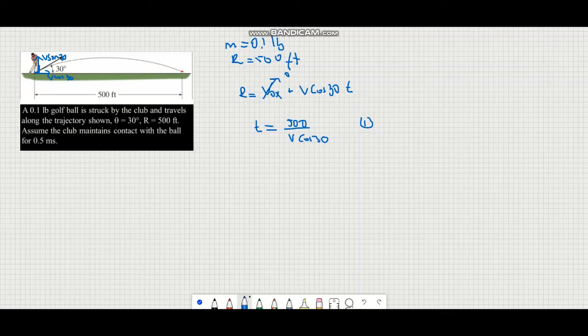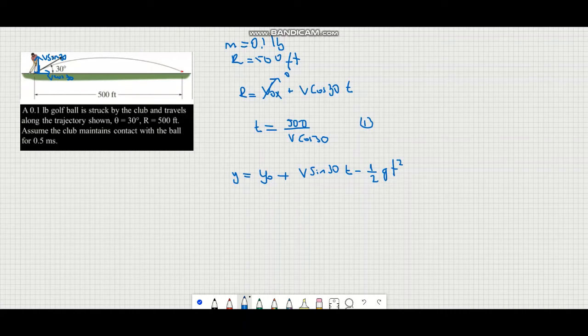We need to go through the y direction: how high it is going to go. The height h is equal to y0, the initial height, plus v sine 30 times t, plus or minus the gravitational acceleration term, 1 over 2 g t squared. We need to write it.